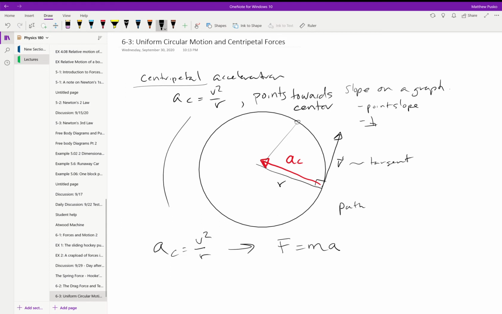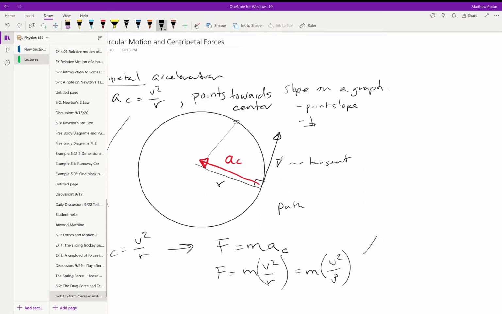So let's plug in the centripetal acceleration and we get mass times v squared over the radius of curvature. I want to make a note real quick. Sometimes you'll see this as v squared over rho, or I might say that. In that case, rho indicates the radius of curvature, and this could be for any path function.